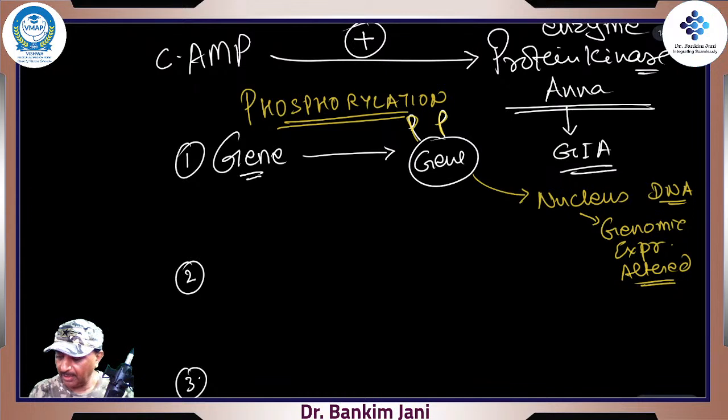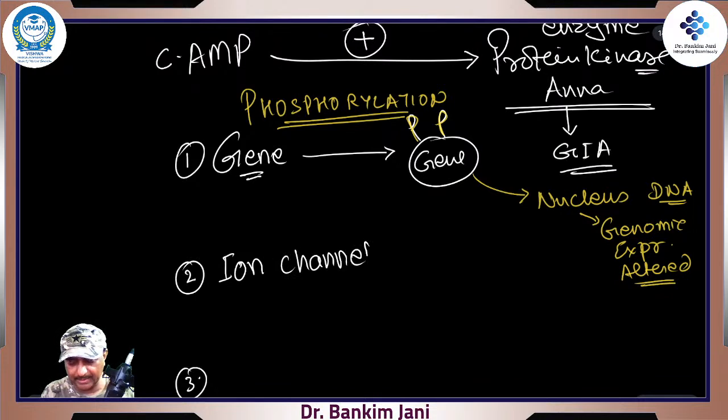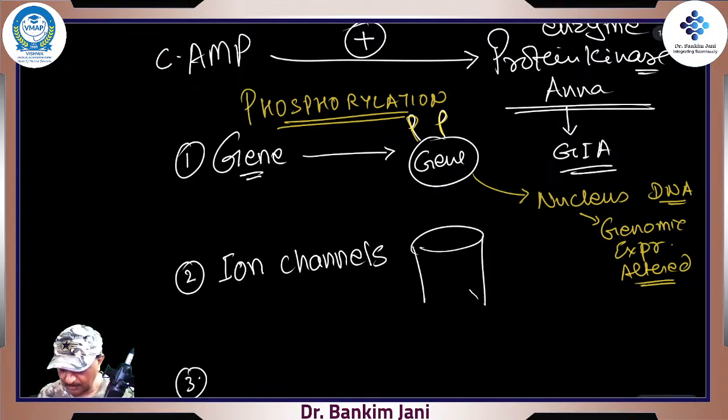Second, ion channels, a very beautiful effect. Those ion channels don't understand much; they say we just handle ions, meaning sodium, potassium, calcium. So we have a specific channel. Let's say this channel is for calcium.